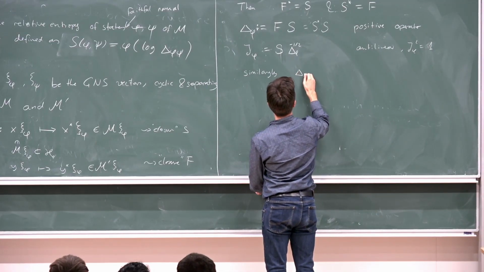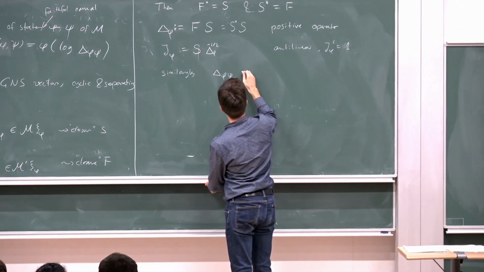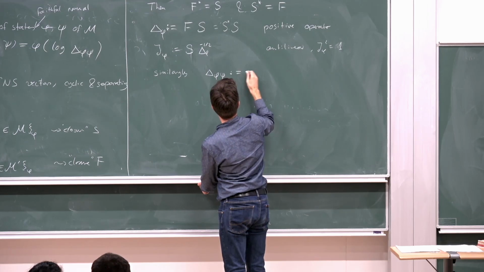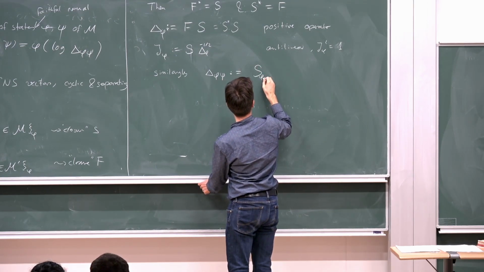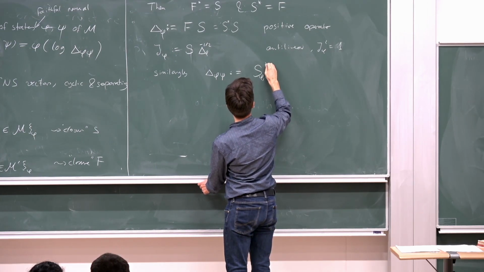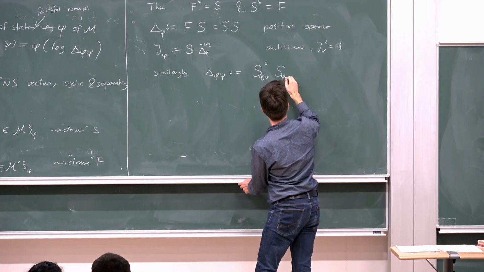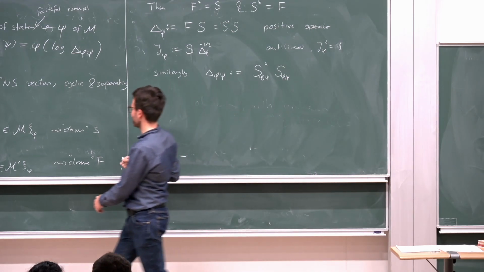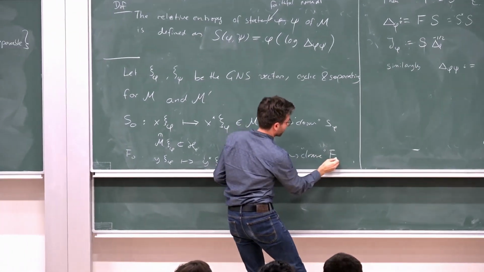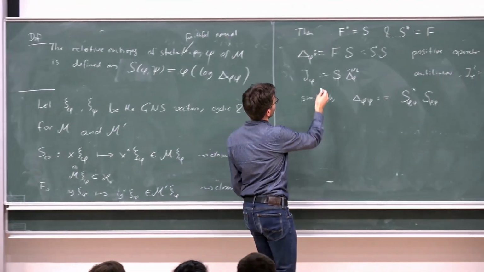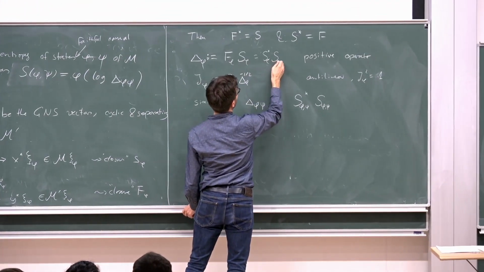So define delta phi psi as S phi psi star S phi psi. Maybe let's call this S phi psi to emphasize that it all depends on phi.